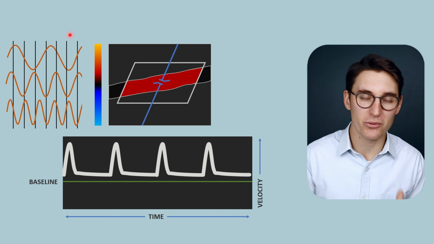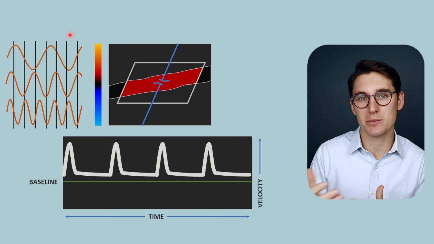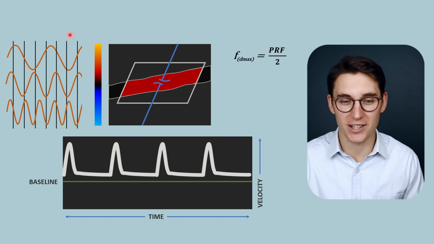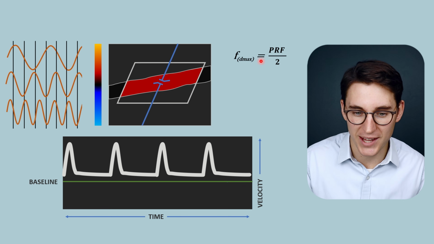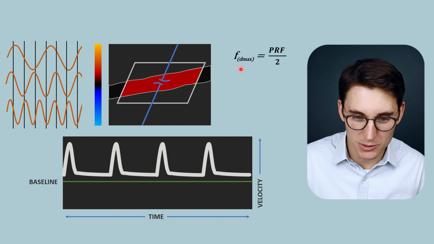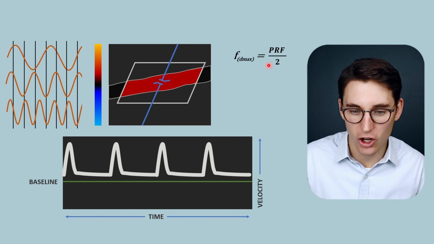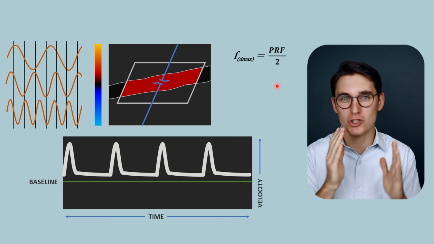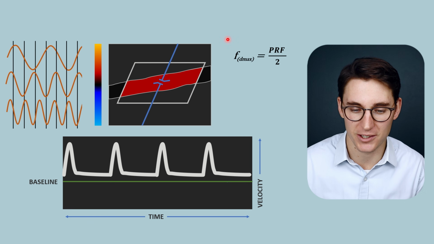So our pulse repetition frequency determines the maximum Doppler shift that we can detect. And we can use this equation, the Nyquist limit, to determine that maximum Doppler shift that we are able to detect. The maximum Doppler shift we can detect is half the pulse repetition frequency. We need to repeat that pulse twice within one wavelength here.